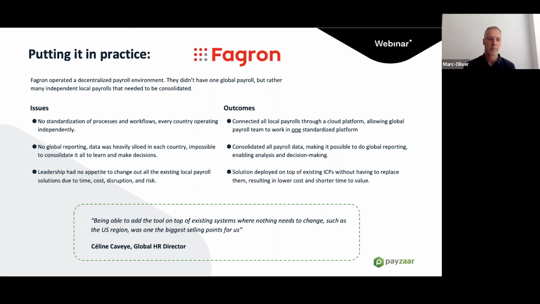And just like with Blue Prism, this solution has been rolled out very rapidly across the existing in-country payroll partners, with much lower cost of implementation and much shorter turnaround time to get to the results.